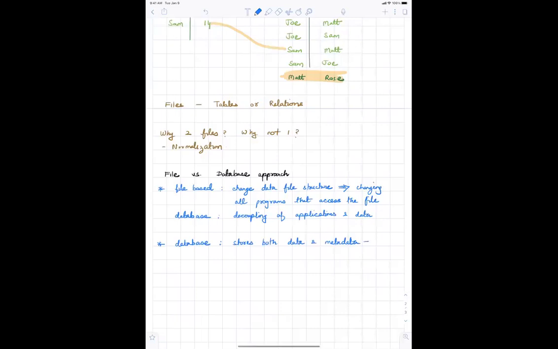By metadata, I mean the definition about the data, what the structure of the file is. So data definition. But in file-based, you are not storing any of the metadata in there. The metadata is all in your program, the way you access your program, right? So in a relational database, that's not the case.